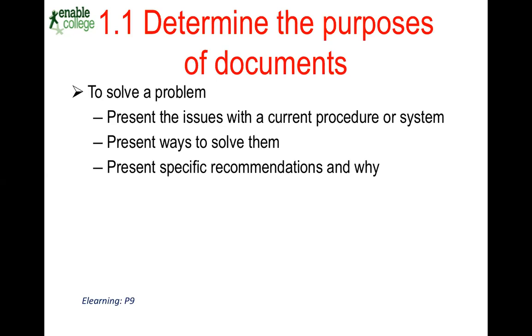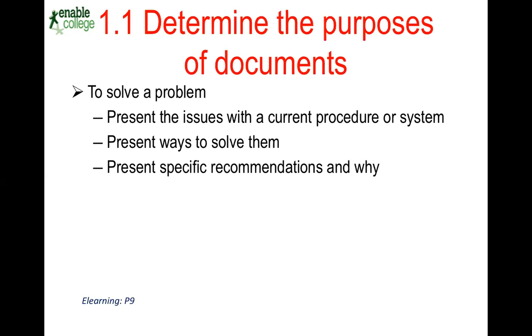The best way of attacking that sort of thing is to say, this is a problem. I think these are ways to solve it, and this is my recommendation. I think this way is the way we should go because of these reasons. In my previous line of work, if we were doing problem solving, and especially if we were going to present a course of action to one of the bosses, you'd do it that way.